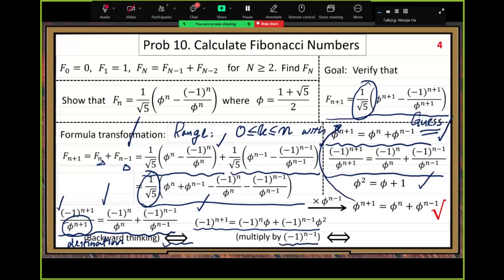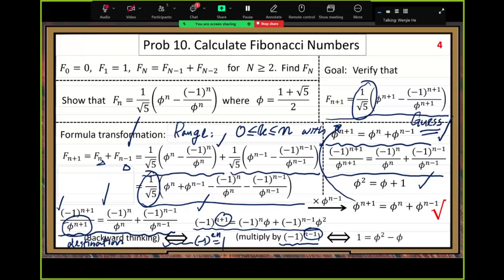Here, -1 to the n minus 1. If you multiply this expression to the left-hand side, it's 1, because n plus 1 plus n minus 1 gives 2n, and -1 to the 2n, an even power, equals 1.